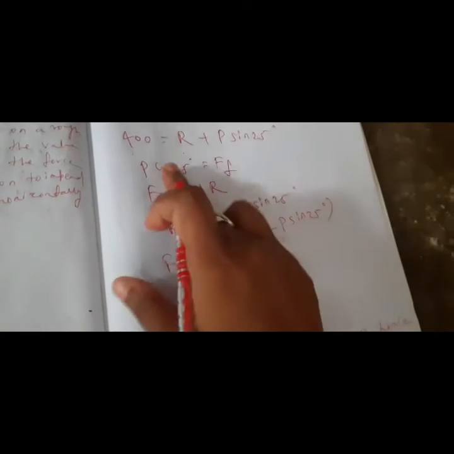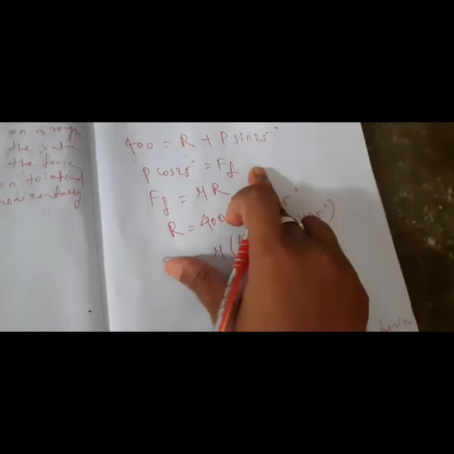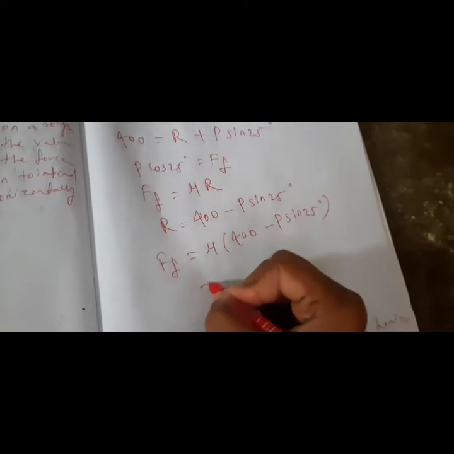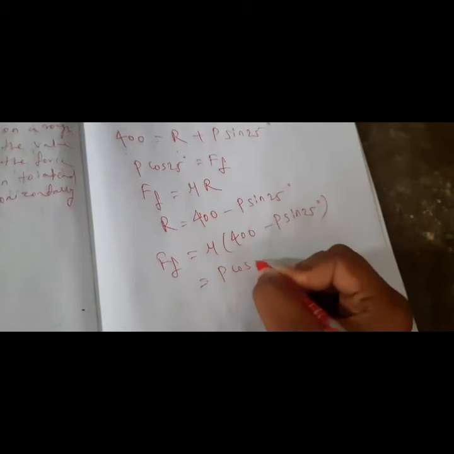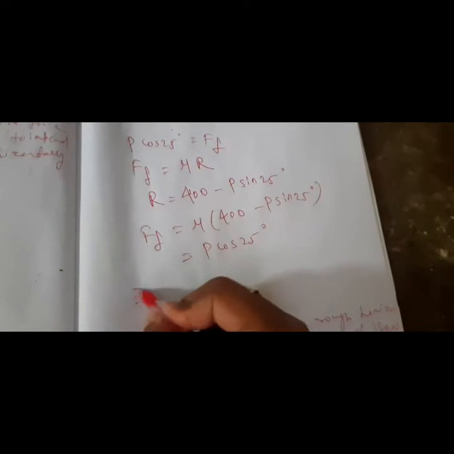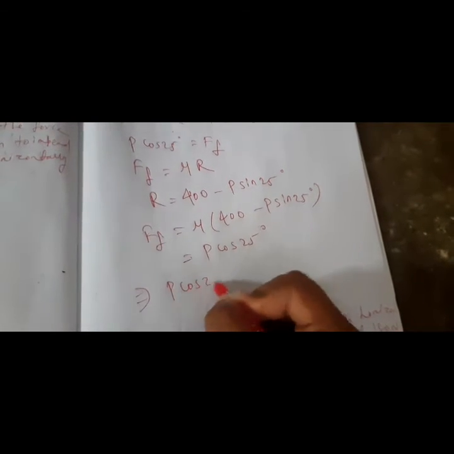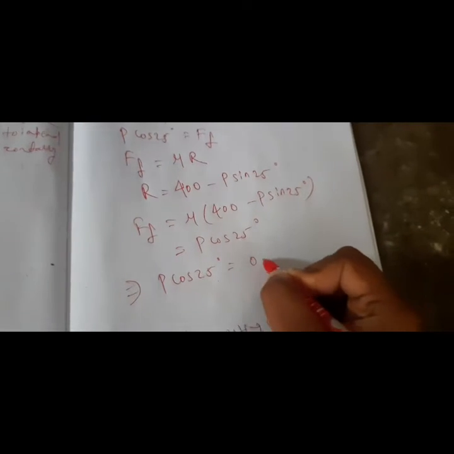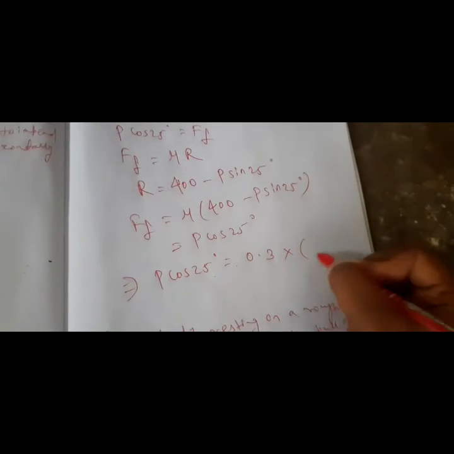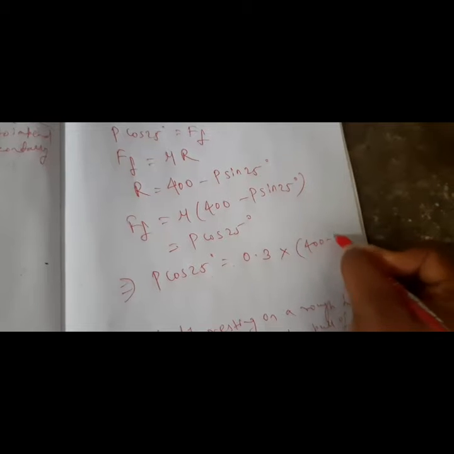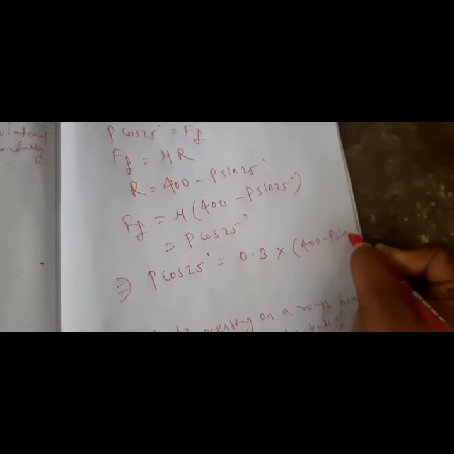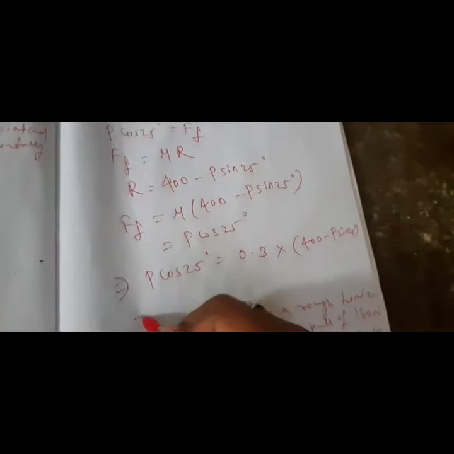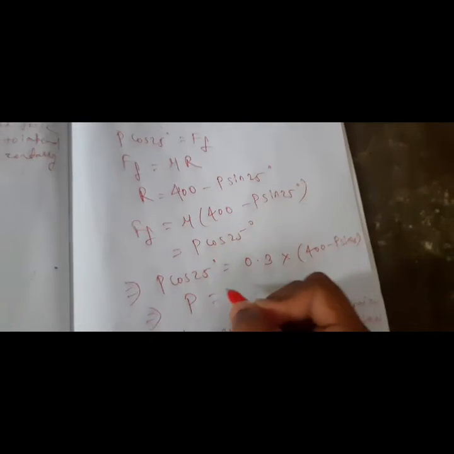And from balancing the horizontal component, we found that frictional force equal to P cos 25. That implies P cos 25 equal to 0.3 into (400 minus P sin 25). We'll solve this equation to find the value of P.